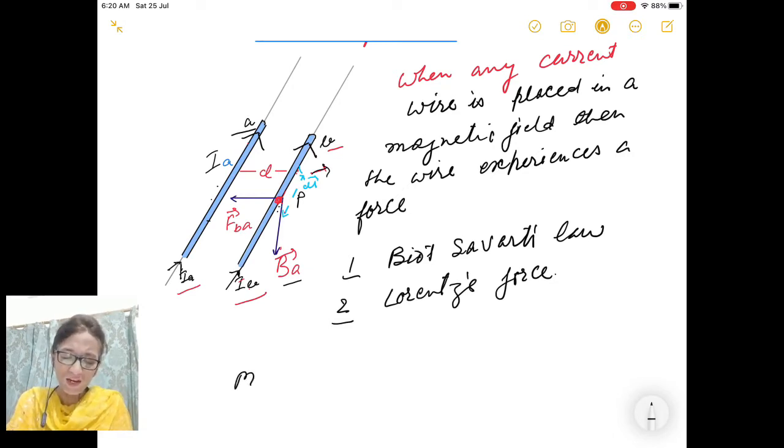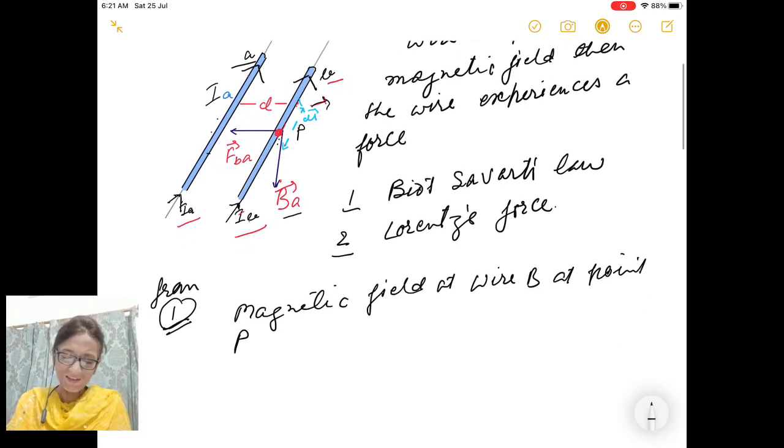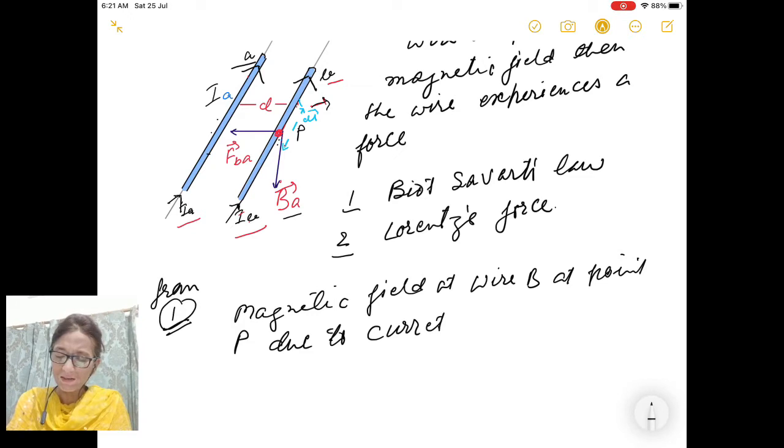So the magnetic field at wire B at point P, due to current IA in wire A. This magnetic field is produced by IA, so it is your BA.